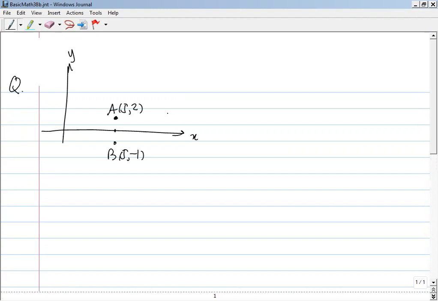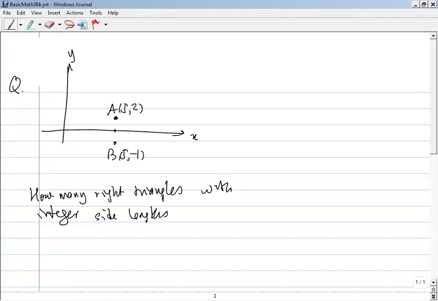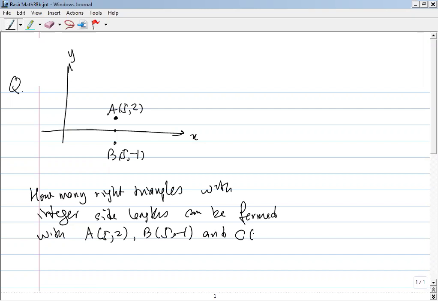There's another point, C. The question is how many right triangles with integer side lengths can be formed with the vertices A at (5, 2), B at (5, -1), and C, called (x, y). So this is the question, okay?